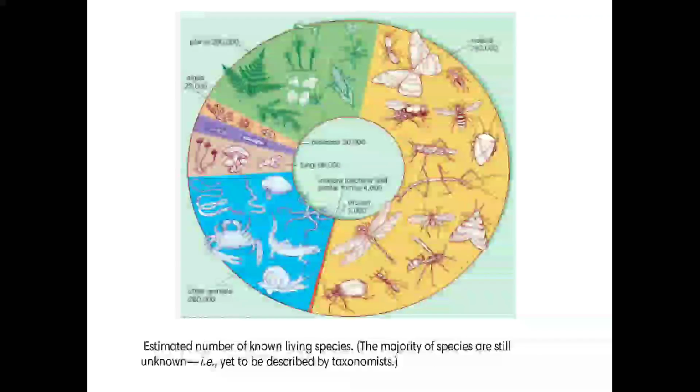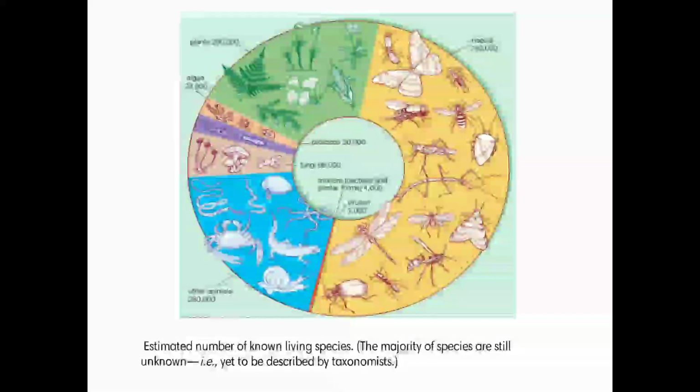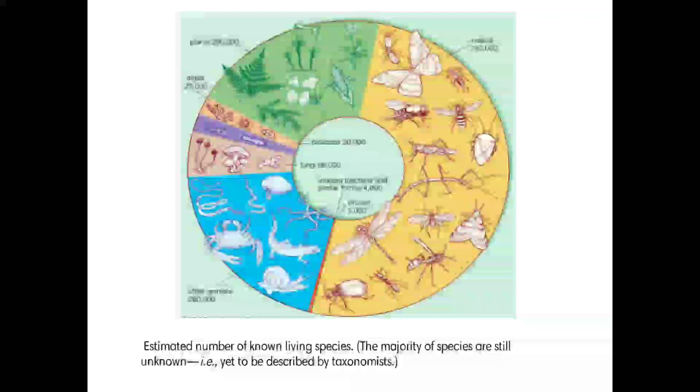This is the estimated number of known living species, in which you are shown the insects and other animals, algae, protozoans, plants, and so on.